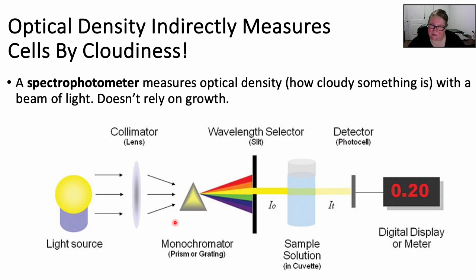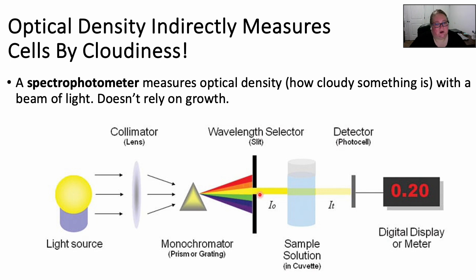This is going to be like a prism or a grating that's going to separate the colors out. We're going to have a wavelength selector, so we're going to select a certain color of light depending on your sample. In this example we're going to use the yellow color of light. Okay, so we're going to select a certain color with a slit. So this is going to shine through while the rest are not.